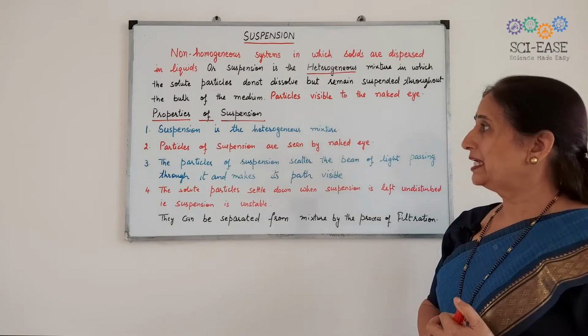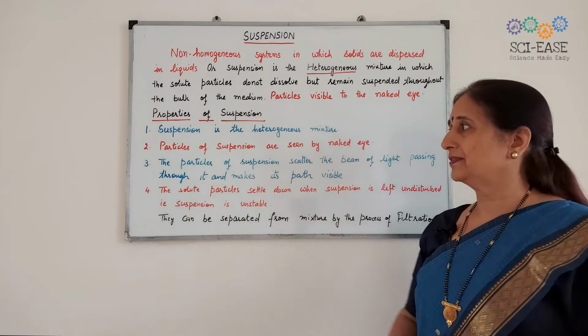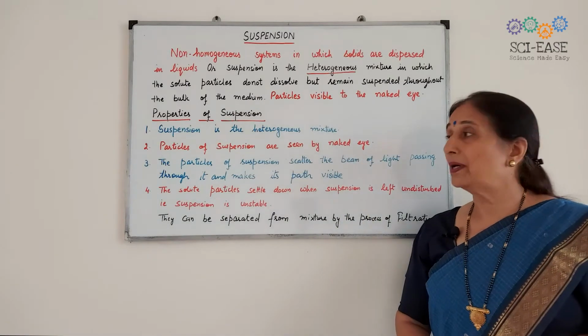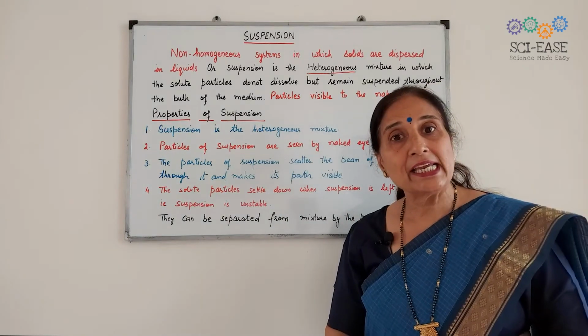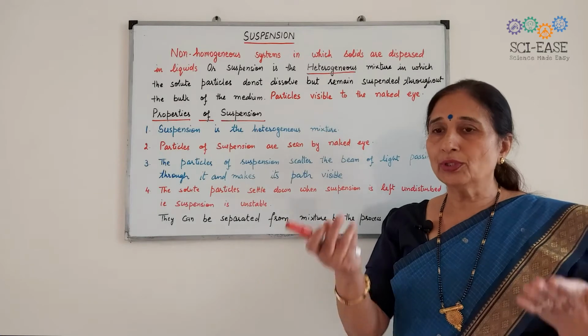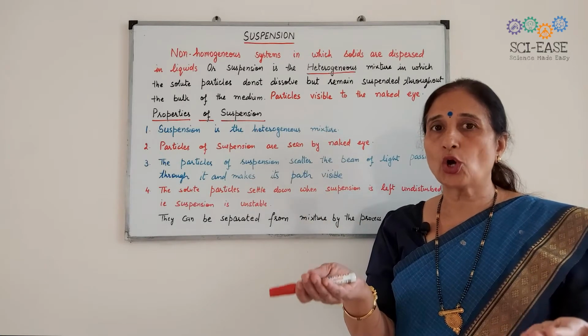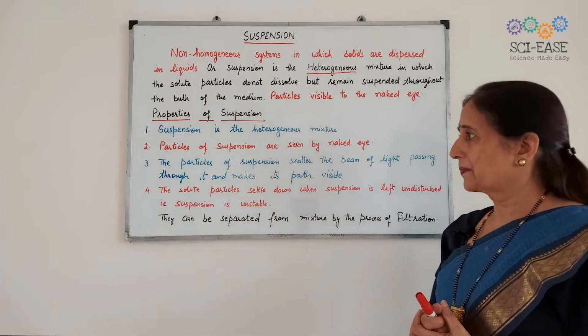The first property is suspension is a heterogeneous mixture. Second property, particles of the suspension are seen by the naked eye. Okay? I told you that the particles of the chalk will be visible to the naked eye.